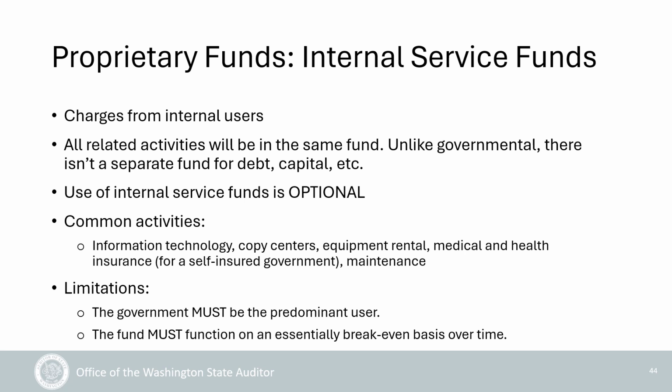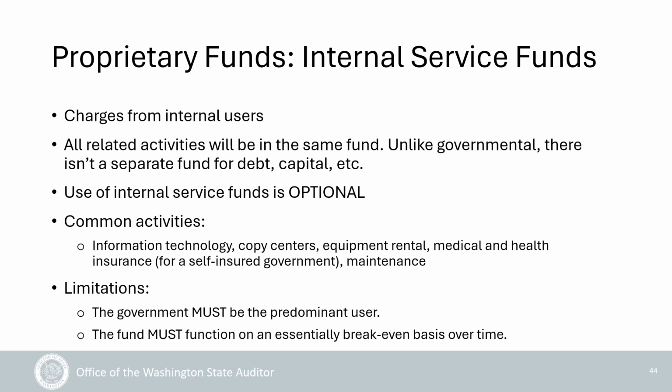Although it is okay to have some outside users, for example, let's say a county runs a mechanical shop that services all of the county vehicles. Every now and then, one of the cities pays for you to service one of their vehicles. That is okay. You can report that activity of servicing the city vehicle in your internal service fund.